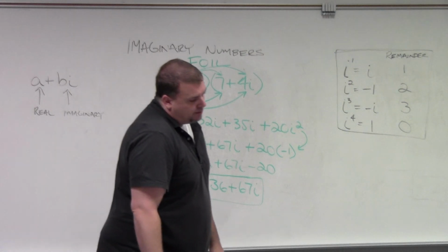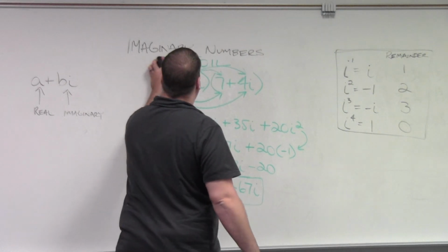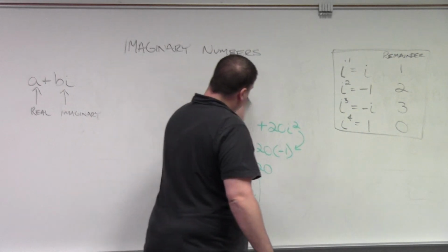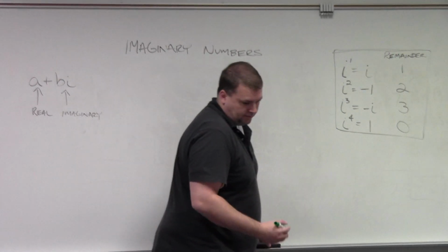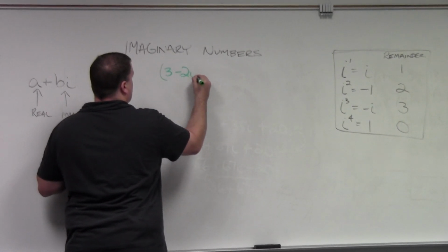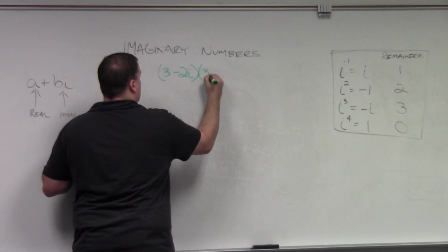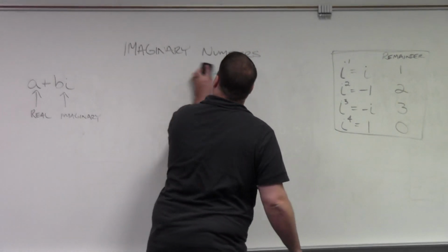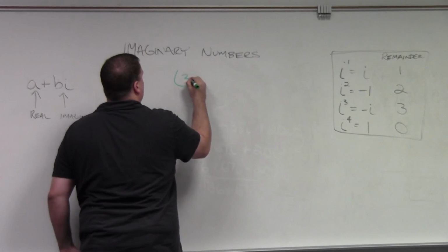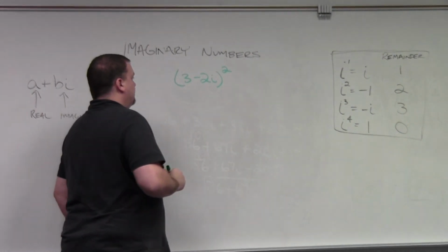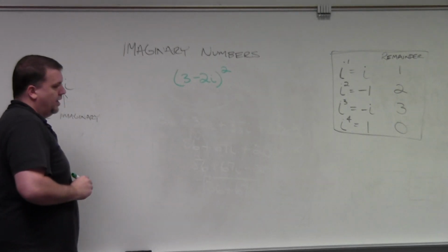We have one more problem in the multiplication, and that's to square it. So I have a binomial squared, 3 minus 2i squared.